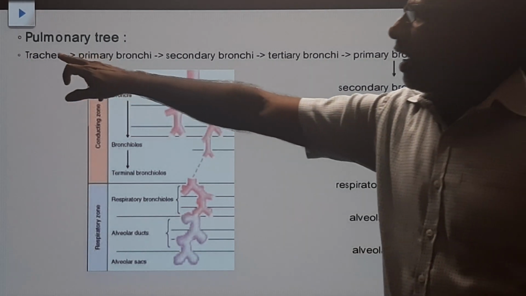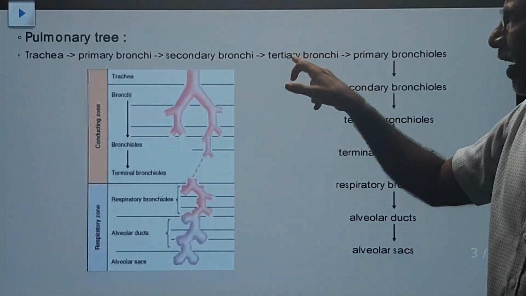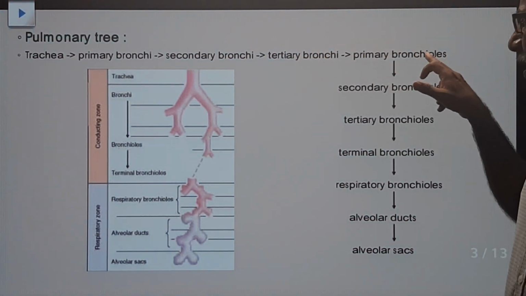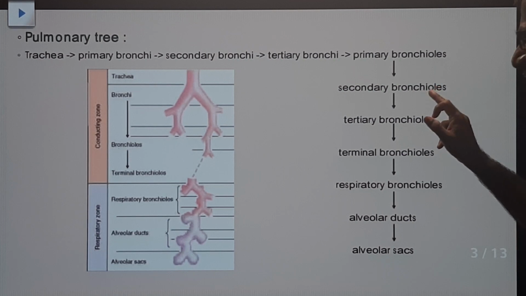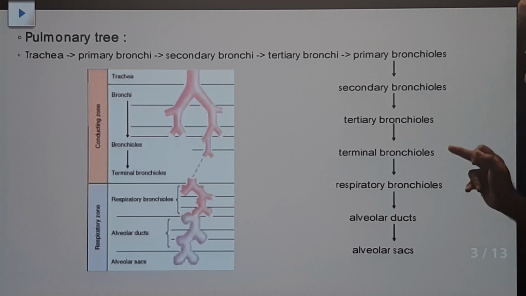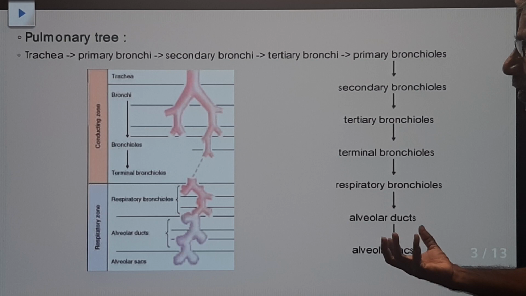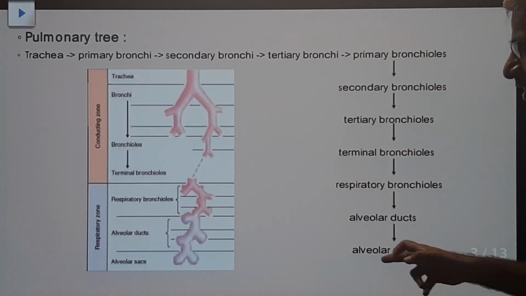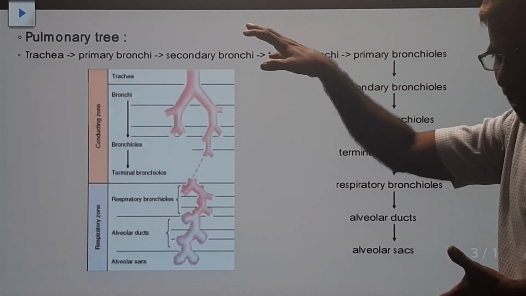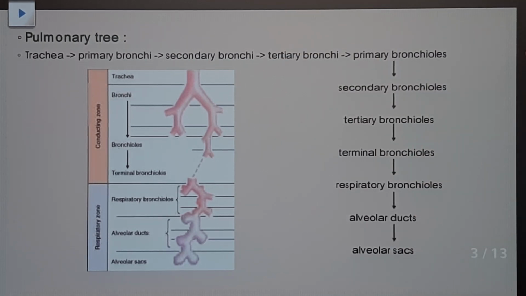Here: trachea, primary bronchi, secondary bronchi, tertiary bronchi, primary bronchioles, secondary bronchioles, tertiary bronchioles, terminal bronchioles, and respiratory bronchioles, which open into clusters of alveoli. The entire structure in inverted condition can be seen as a tree-like structure. That's why it is called the pulmonary tree or bronchiolar tree.